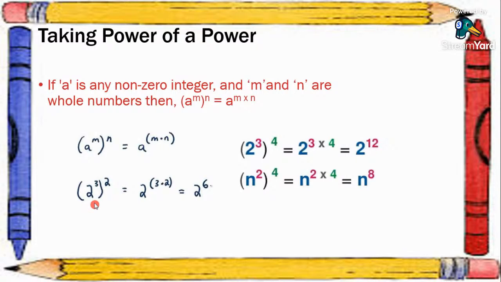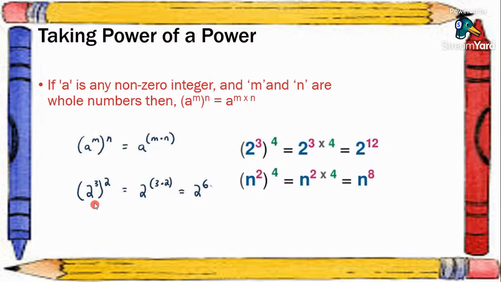So 2 to the power of 3 into 2 is 2 to the power of 6. So 2 to the power of 6 is the answer.